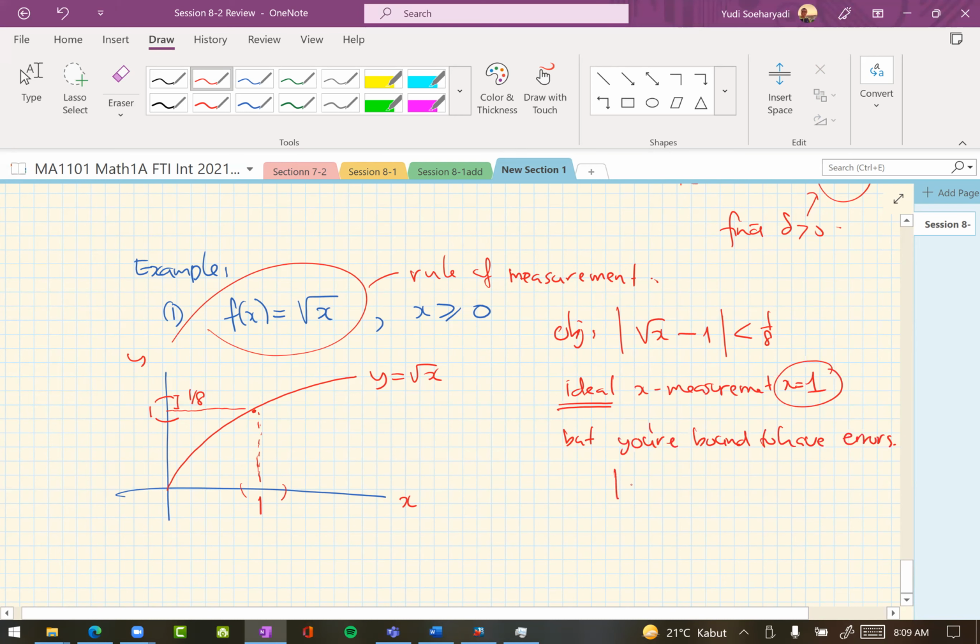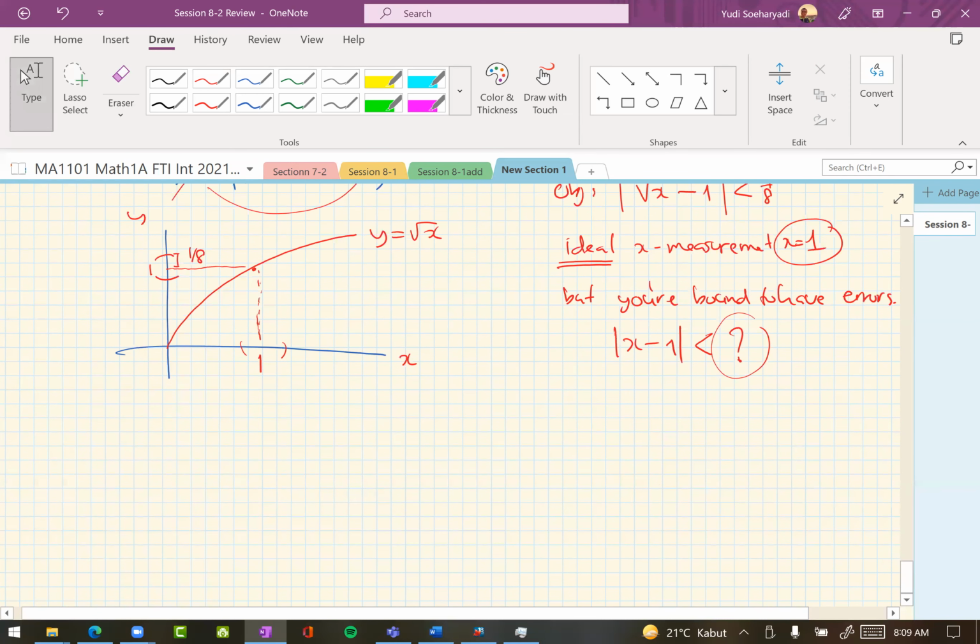So what should be the maximum error here? That's the error estimate.